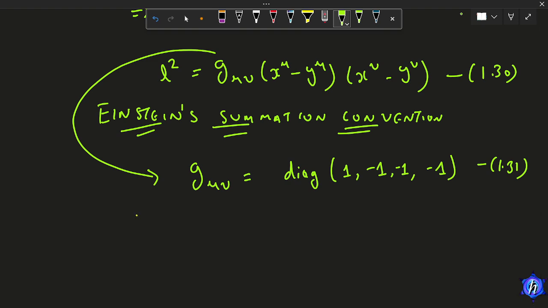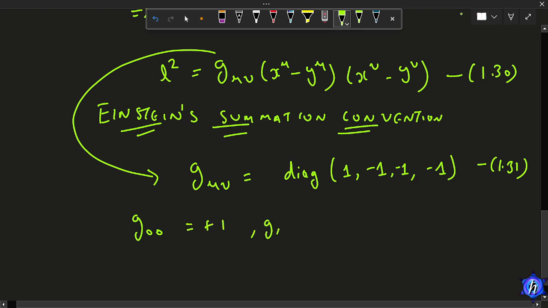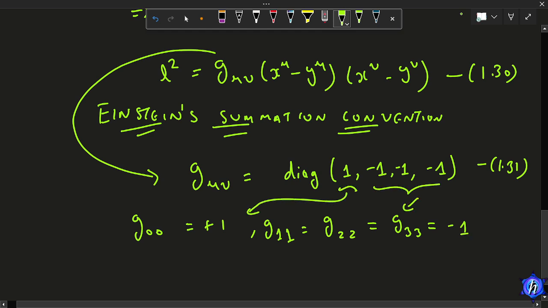We can write it explicitly: g00 is plus 1, g11 equals g22 equals g33 equals minus 1. And g mu nu, where mu and nu are not equal, is 0. So this is what it means explicitly.